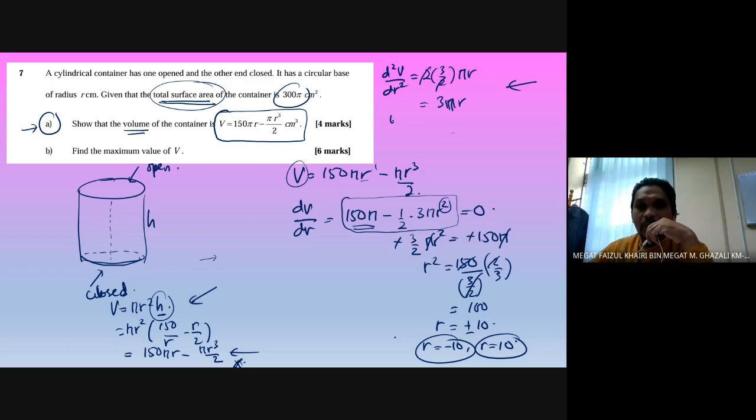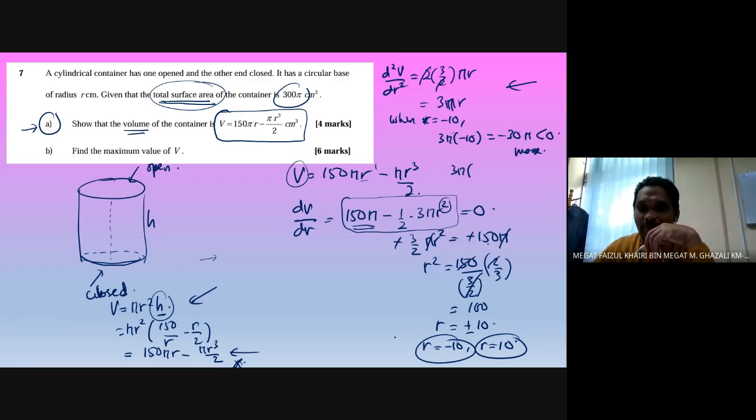So, when r equal to negative 10, 3 pi times negative 10 equal to negative 30 pi, which is less than 0, and the conclusion is maximum.